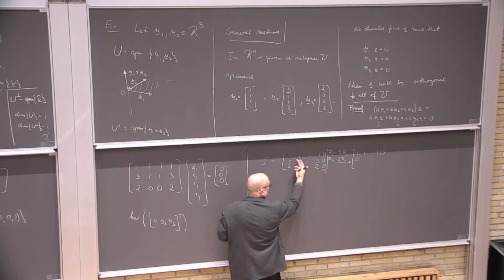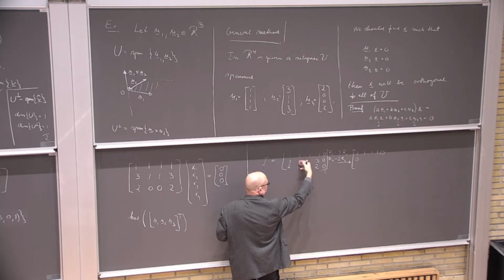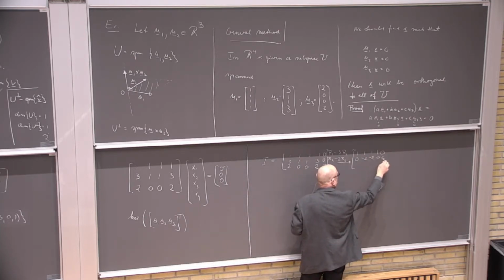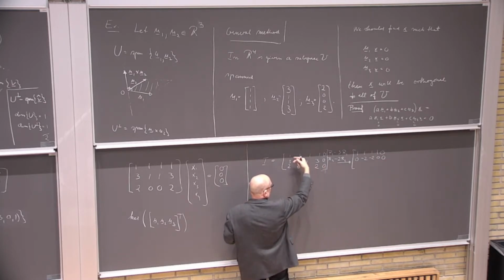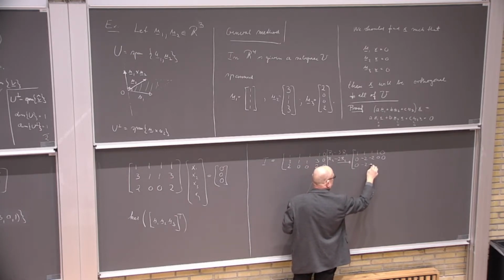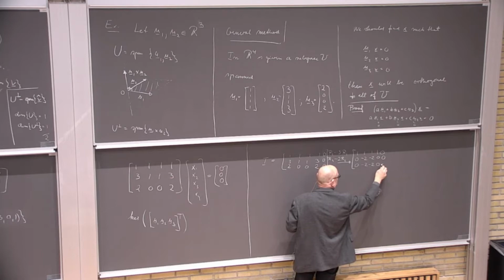If you take minus 3 times this one and add it to this line here, you get 0, minus 2, minus 2, 0, 0. And if you multiply the first row by minus 2 and add it to the third, you get 0, minus 2, minus 2, 0, 0.